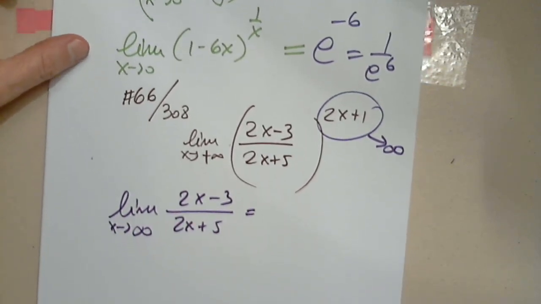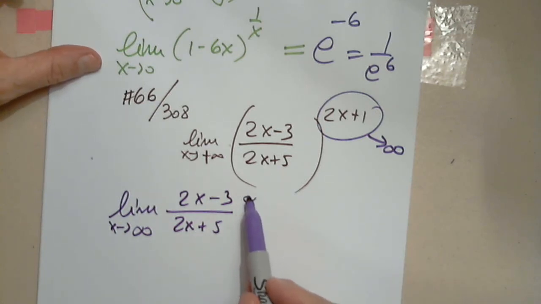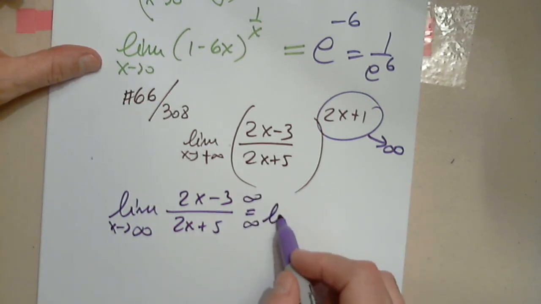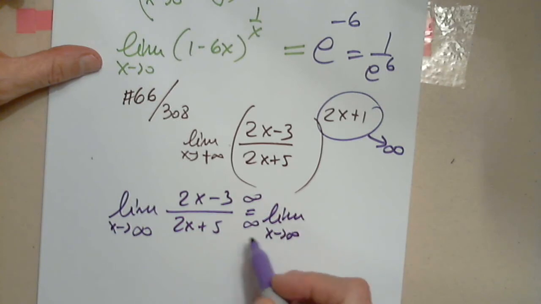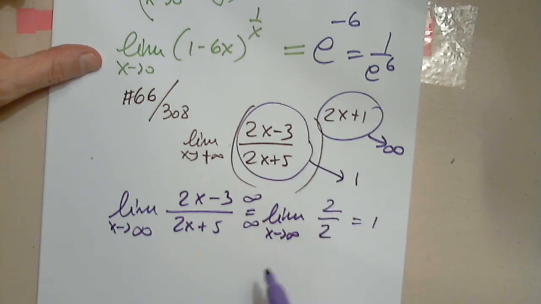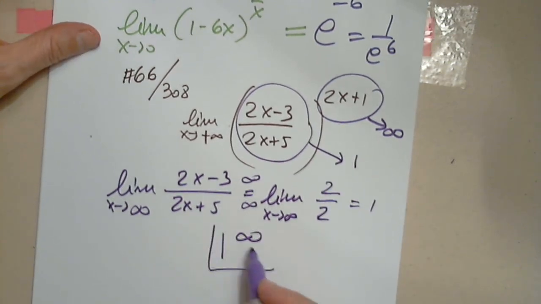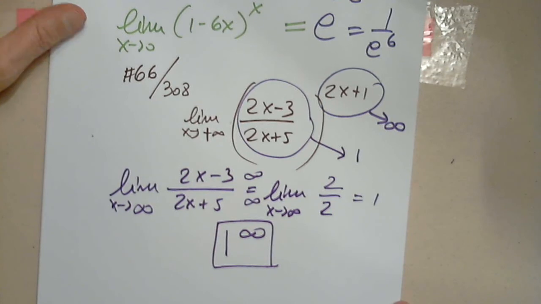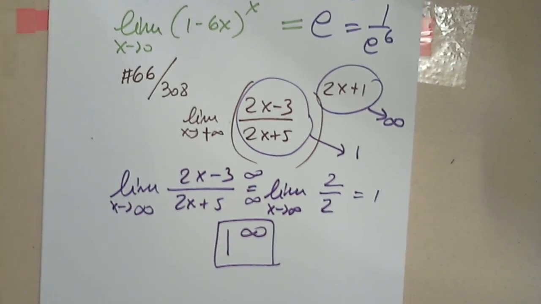Yes, we do from pre-calculus, but let's say we don't. It's infinity over infinity. I will apply L'Hôpital's rule. The top is 2, the bottom is 2, so it's 1. So this whole thing approaches 1, so again we are facing 1 to infinity, like we did a few minutes ago.